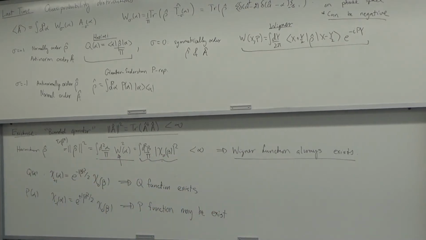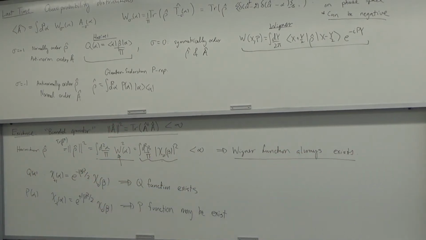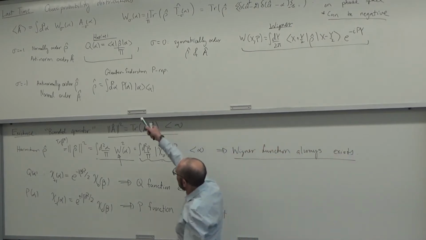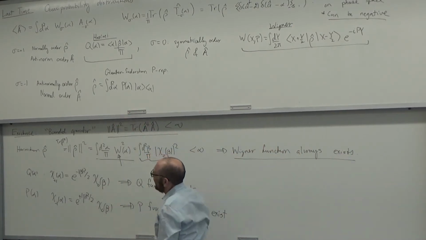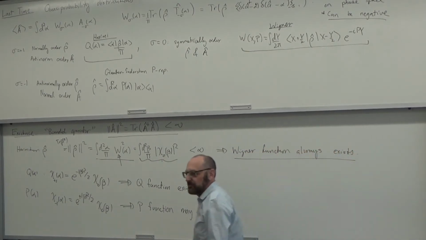That is to say, for the states that are non-classical, there isn't even a good P representation. Only for the states that we call classical light in the Glauber sense can we even write down a good P representation.